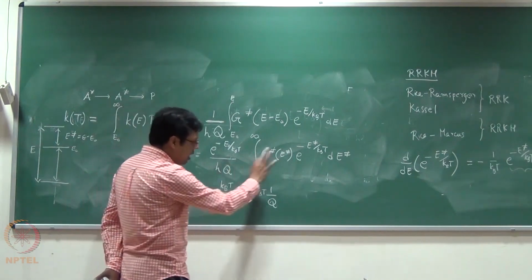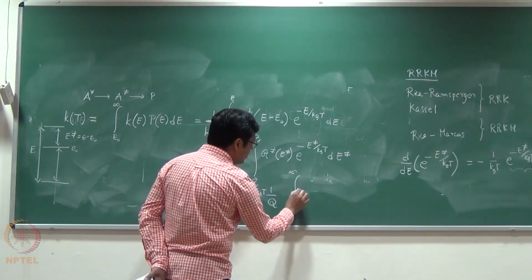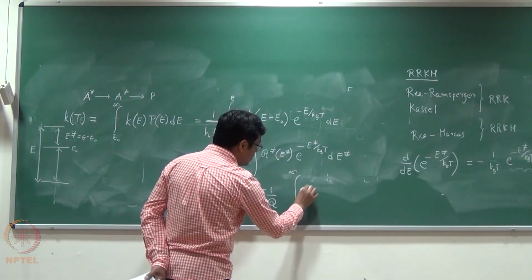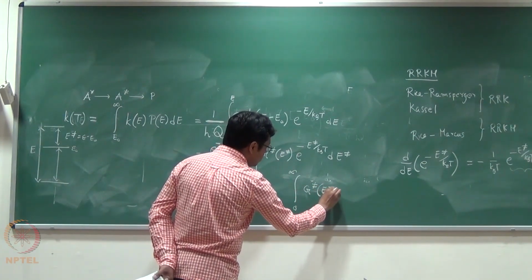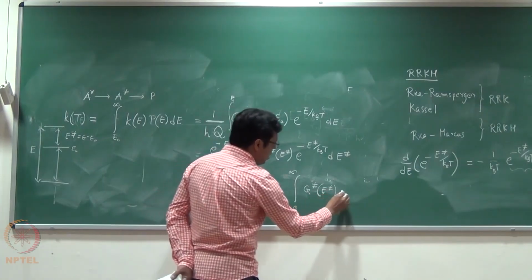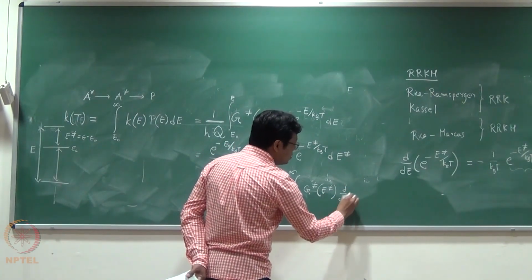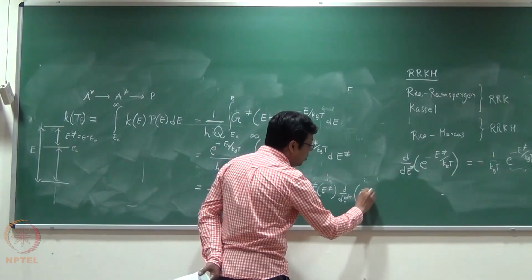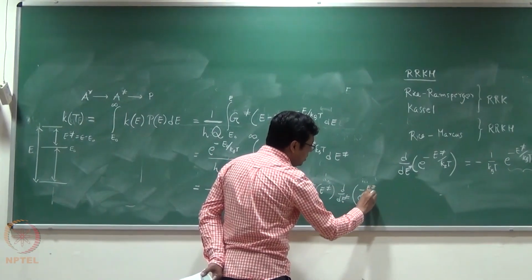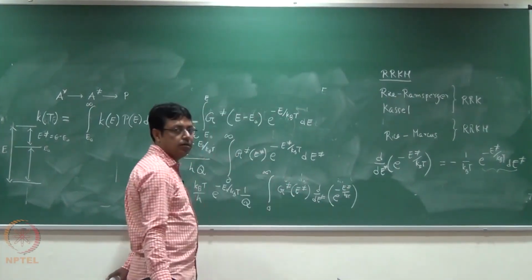So what I have now is the integral from 0 to infinity of G dagger of E dagger, and e to the power minus E dagger by kBT.